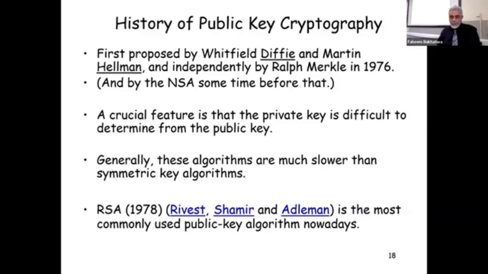A crucial feature is that the private key is difficult to determine from the public key, and generally these algorithms are much slower than symmetric key. But Rivest, Shamir, and Adleman came up with the first implementation of public key encryption system. And they named it with the first letter of each of their names, RSA.